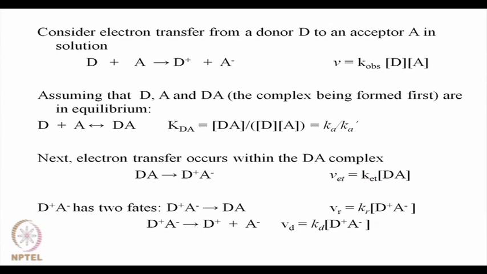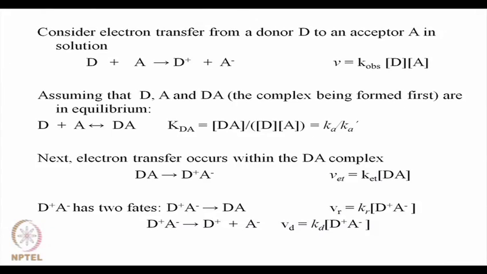What has happened is that we started with a donor and an acceptor, and the result is D plus and A minus separated. The overall rate, V observed, is K observed times dA. So it occurs via formation of a dA complex.